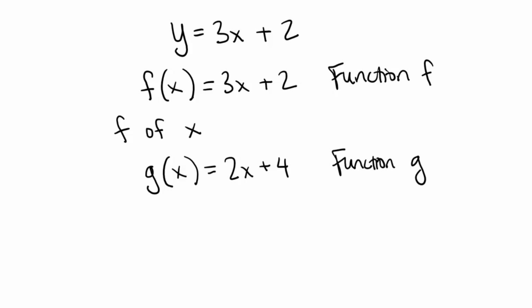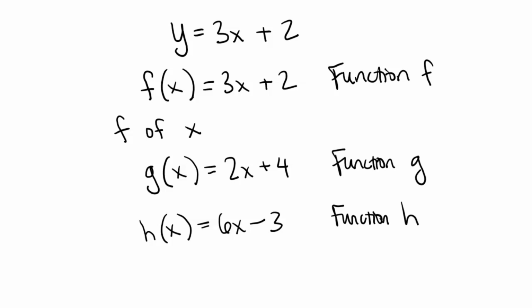You can also have h of x equals 6x minus 3. And that would be called function h. And again, the way you would read this out loud is h of x, or this one would be g of x. That's just how you say that out loud.